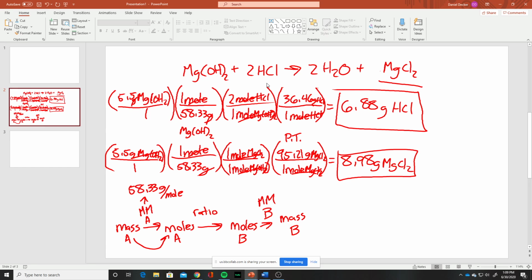What am I going from? What am I going to? And the ratio is always just the coefficients from those 2 numbers. So take the coefficient for the magnesium hydroxide here, which was 1, and the coefficient for the HCl, which was 2. It is always just those numbers. And so it's always going to be simple whole numbers as well.